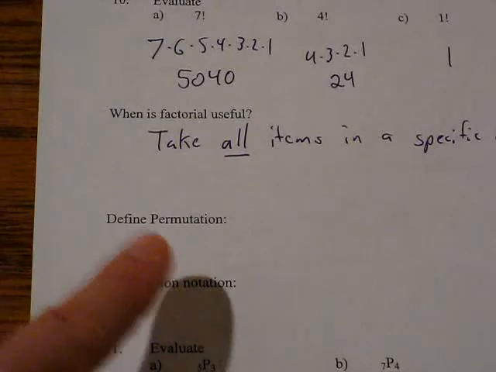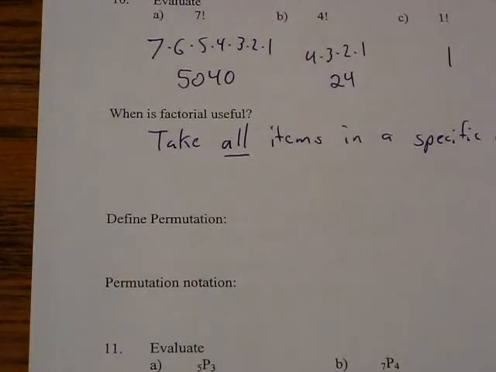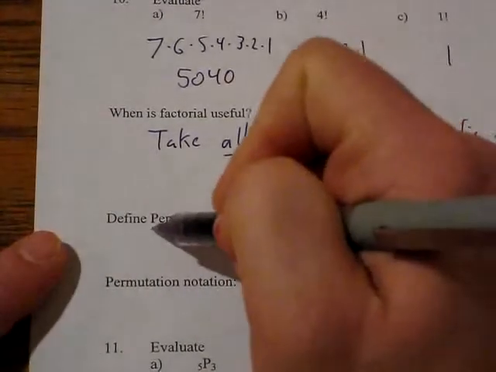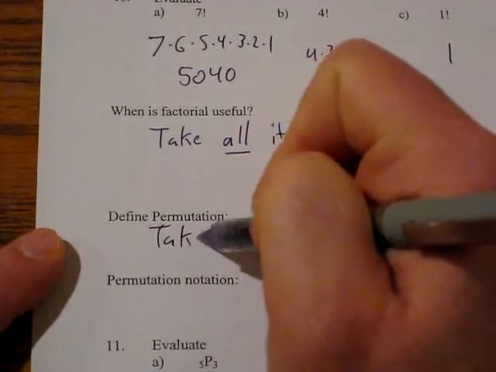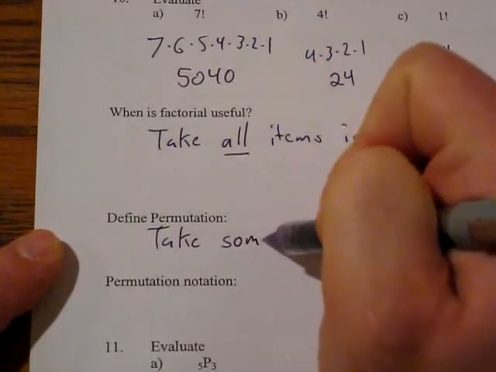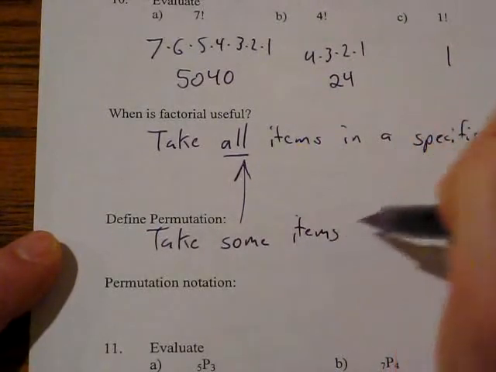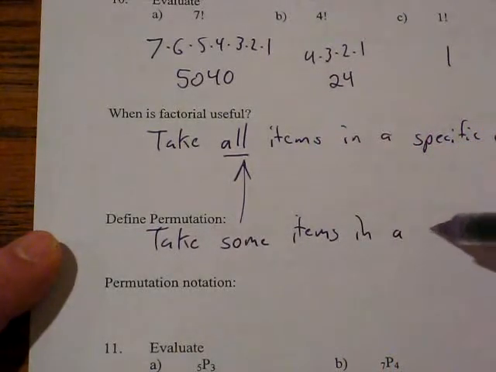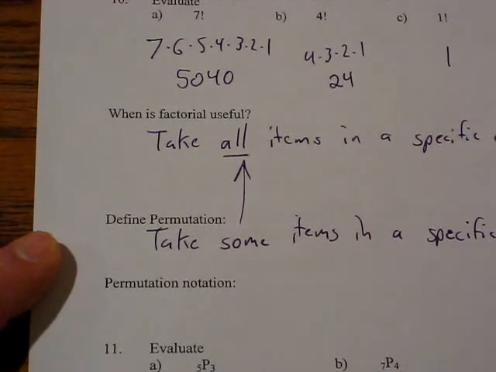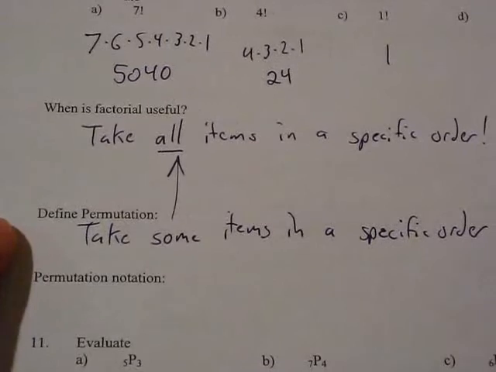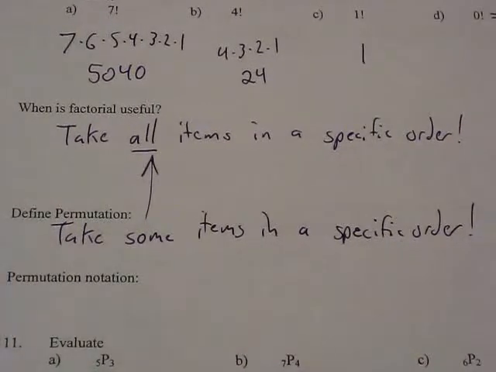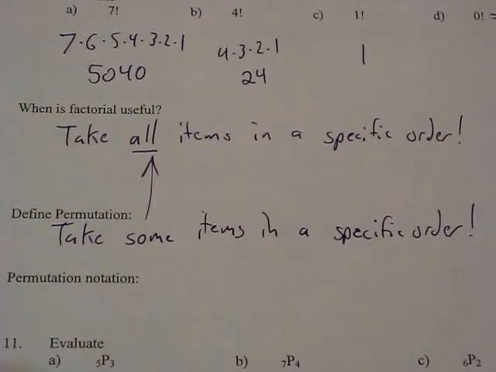Now, sometimes we don't want all the items, so we're going to define something called a permutation. A permutation is taking some items, not all of them, in a specific order. And if I might complain a little bit, this is technically a locker permutation, not a locker combination.